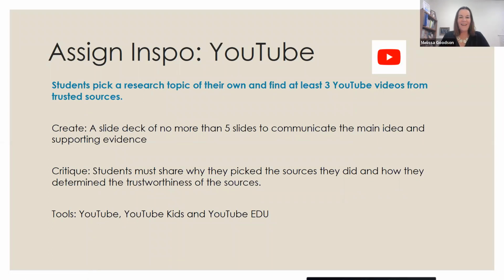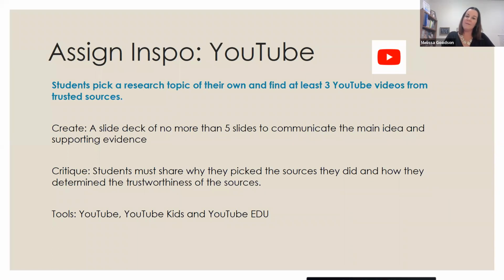We are at the time here where I want to show you a couple quick assignments that have been inspired by a lot of the research I've done this summer so far. So this might be something that a lot of you already do. Students pick a research topic and then use YouTube as a source.